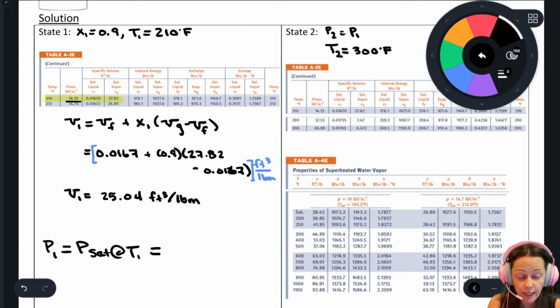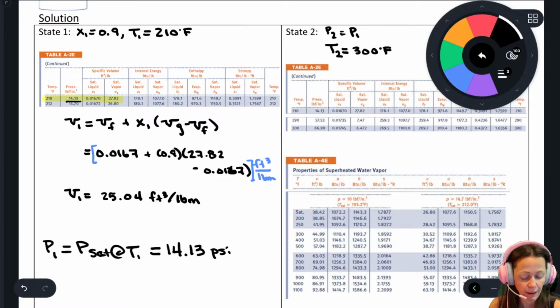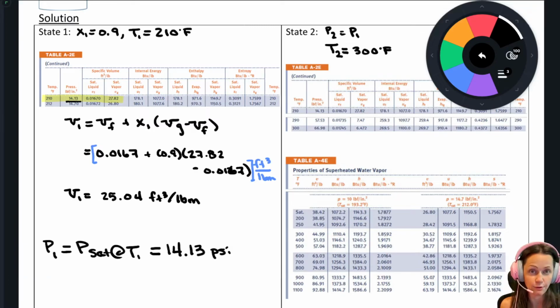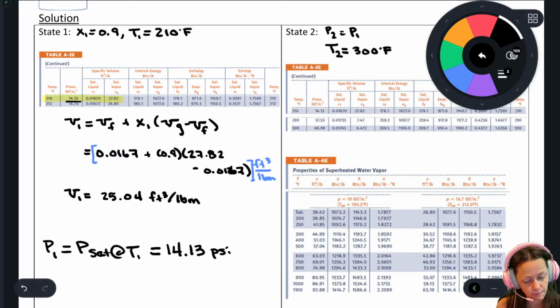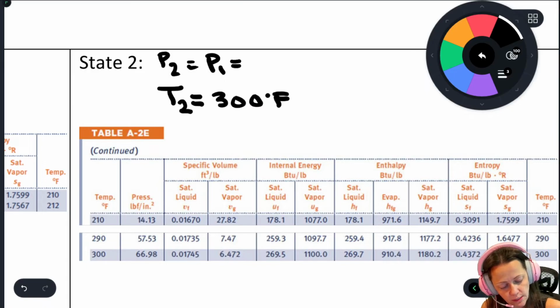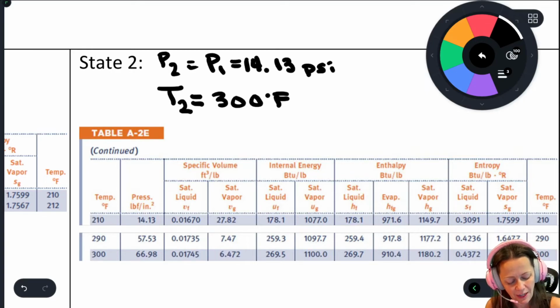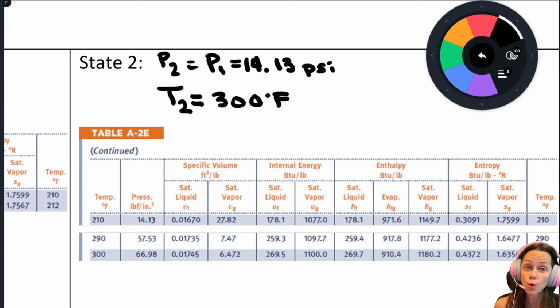All right, so in A2E, in my saturated tables organized by temperature, I see that the saturation pressure is 14.13 psi, pound force per square inch. So I'm all good there. Now I need to bring that information over to state two to help me fix my state. First thing I need to do is go to my saturated tables and figure out what phase I'm in.